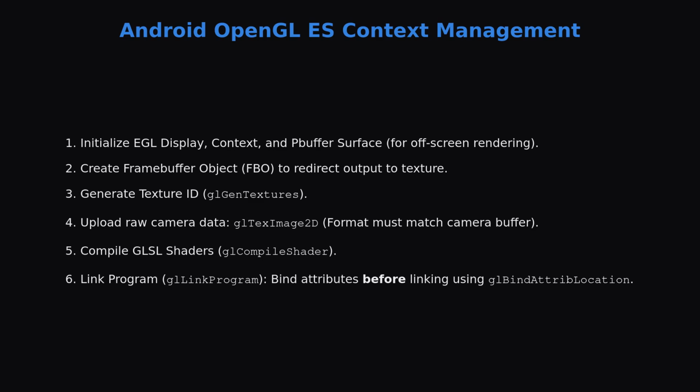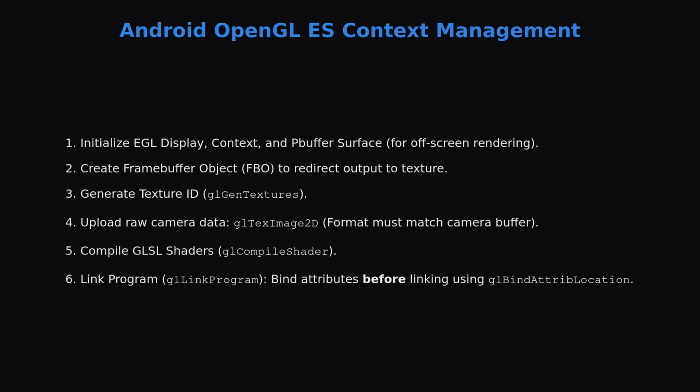Android requires setting up an EGL context specifically for off-screen rendering operations. Initialize the EGL display, the EGL context itself, and a pbuffer surface if the processed output is not immediately displayed on a GL surface view. To redirect the rendering output from the screen into a texture, you must create a Framebuffer Object, commonly known as an FBO.